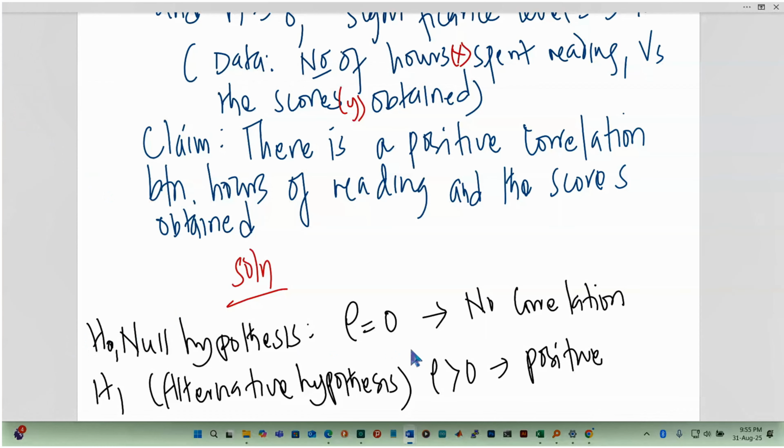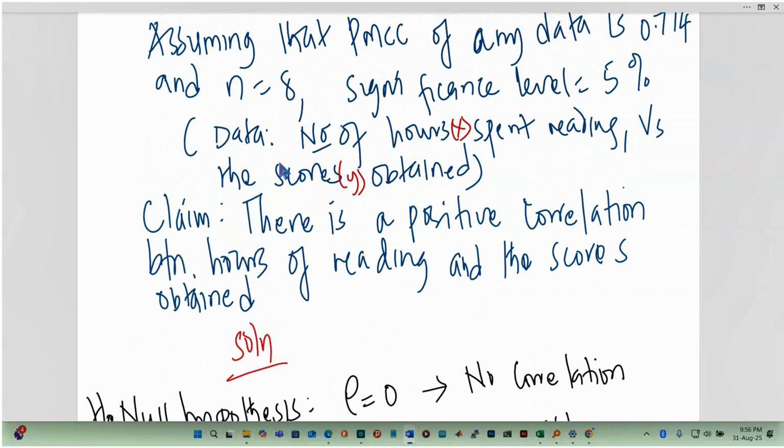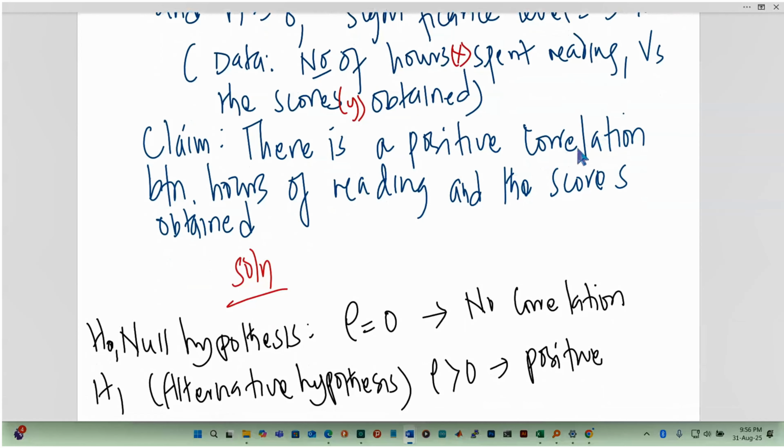So we state the null hypothesis because we are told that the claim is that there is a positive correlation between hours of reading and the scores obtained.